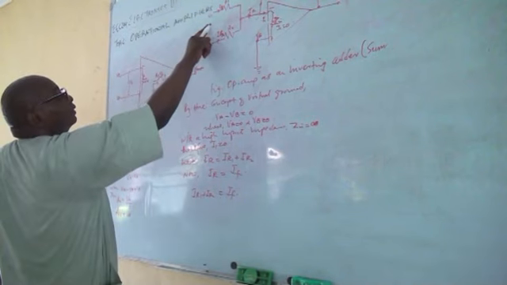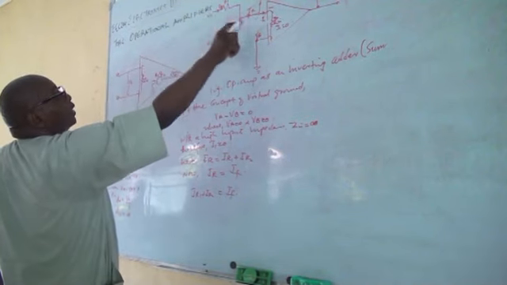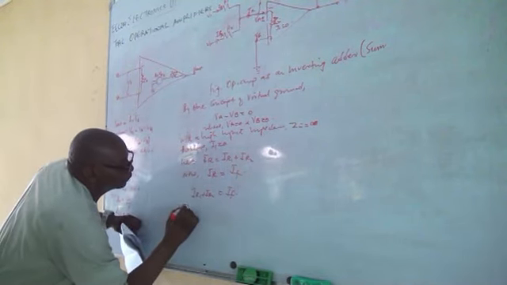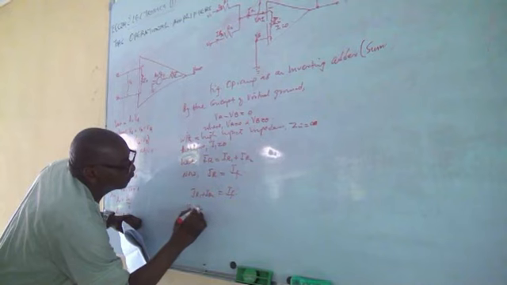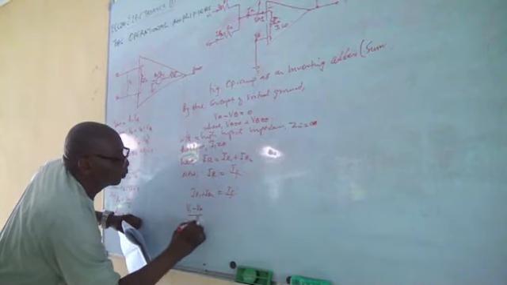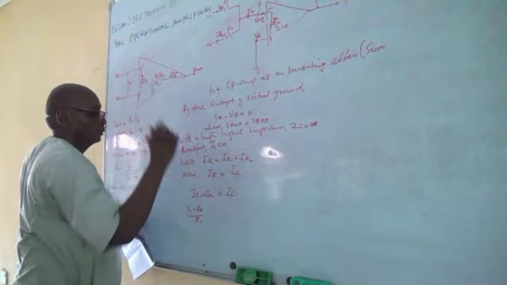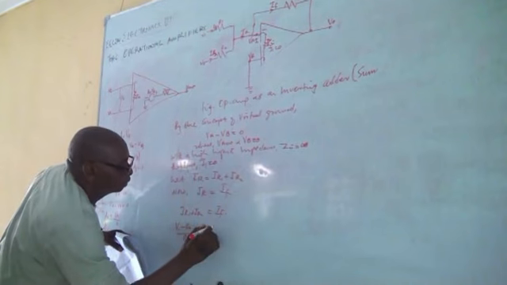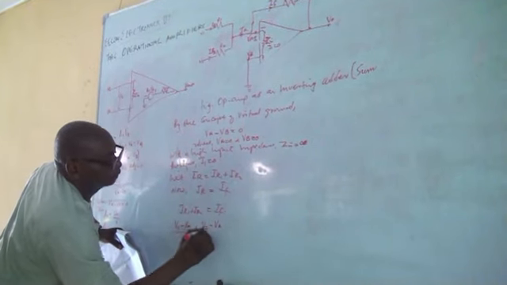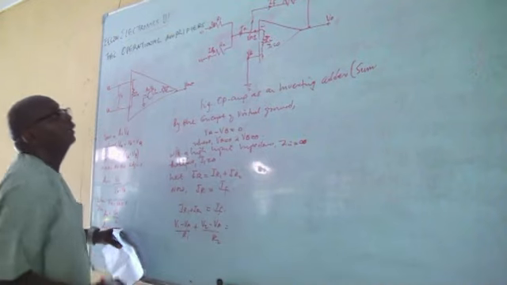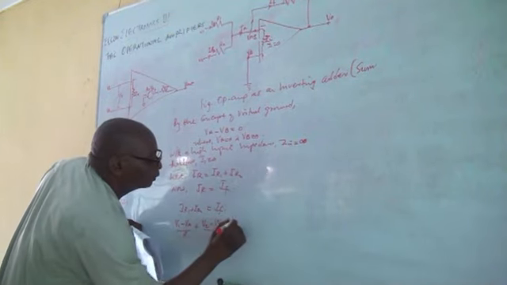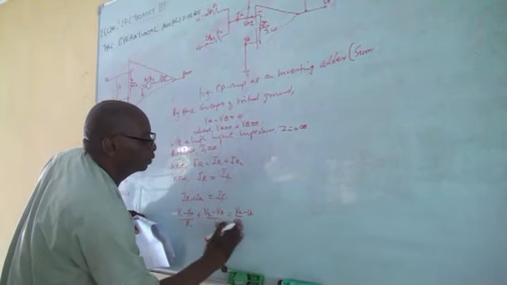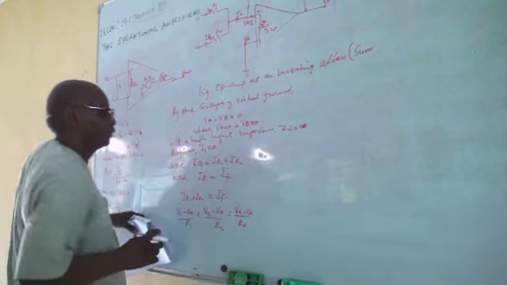So how can we get the equation for the IR1? IR1 will be V1 minus VA all over R1, plus IR2 is going to be V2 minus VA by R2, equals IF, that is VA minus V naught all over RF.